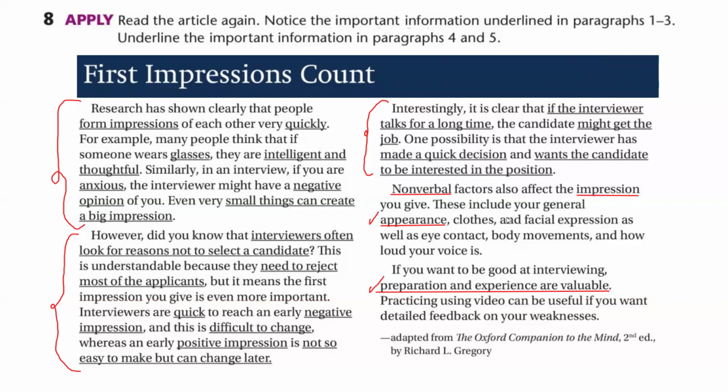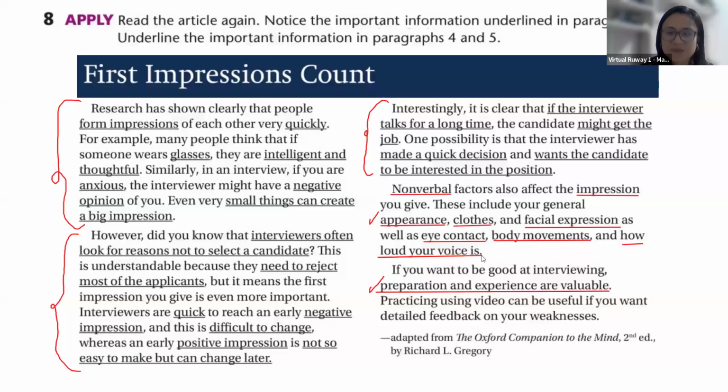Clothes and facial expression, correct. Body movements as well as eye contact. Voice, louder voices. Excellent, right? We have the examples, and the examples are also important words in the paragraph, right?